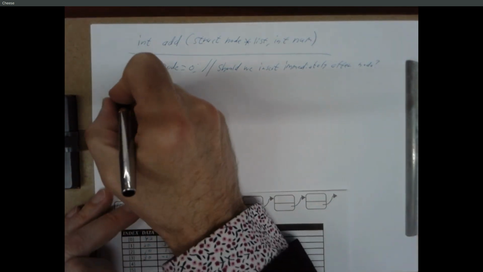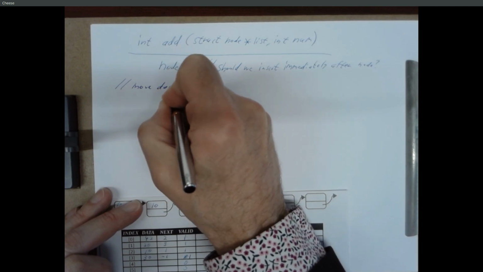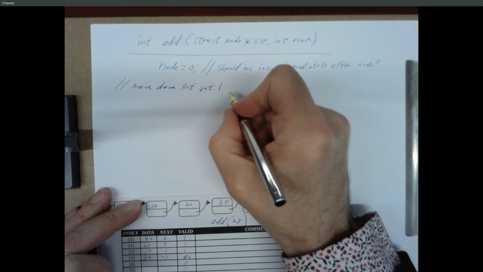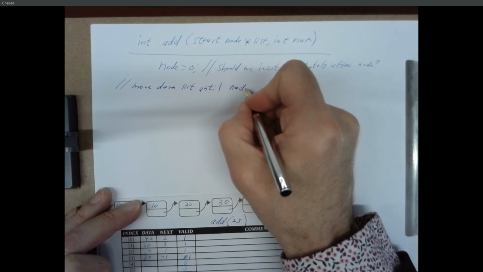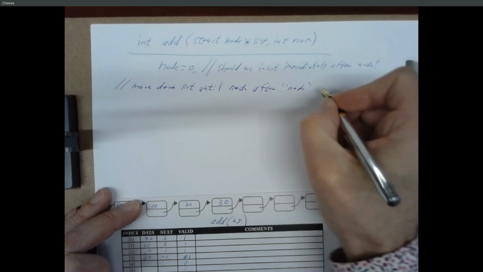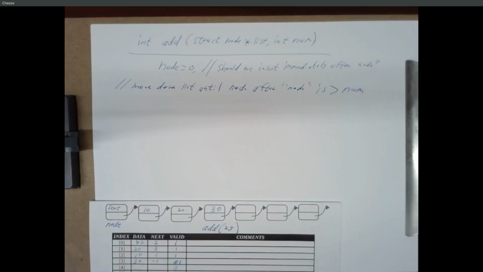Well, that's worthy of a comment: move down our list until the node after what we're calling node is bigger than our number.